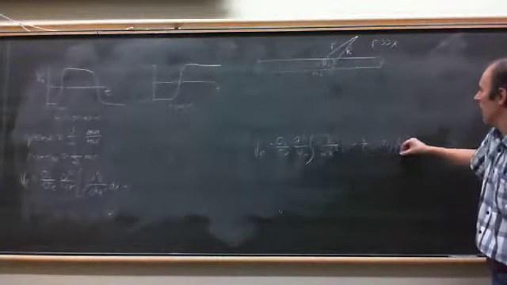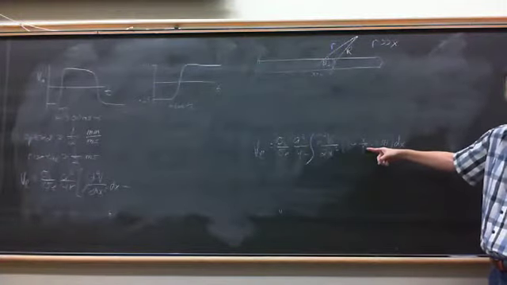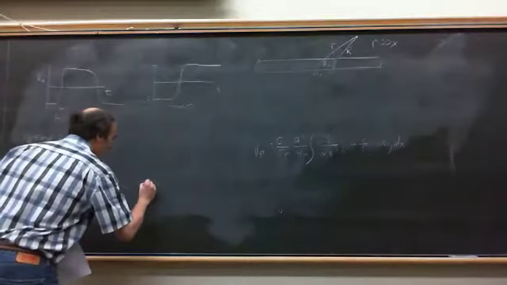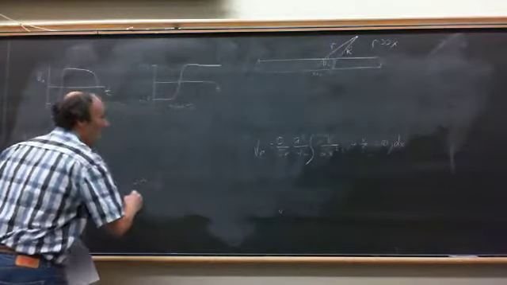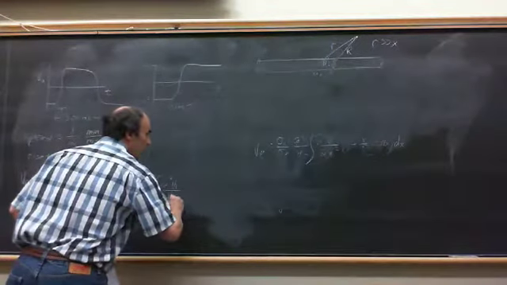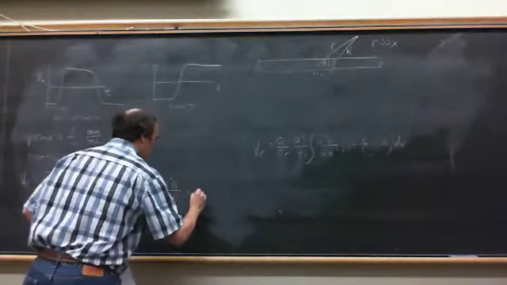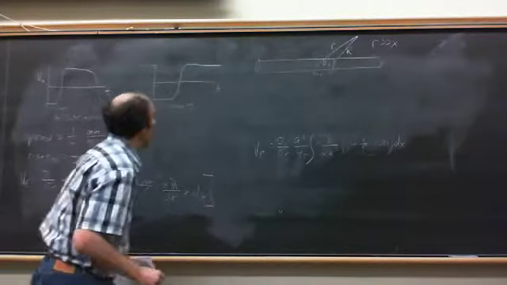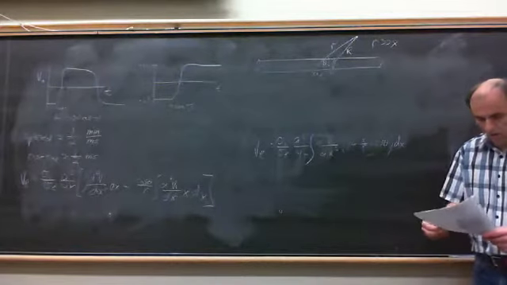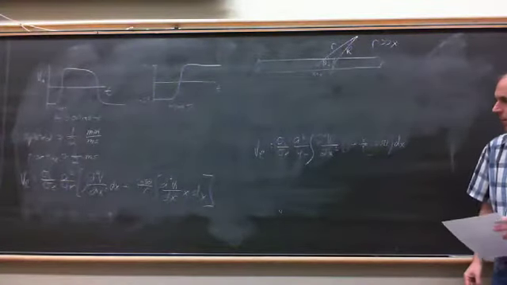But x, cosine theta and r don't depend on x, so I can take them outside the integral. And I'm left with d squared vi dx squared times x dx. Okay. Believe me, we're getting close.